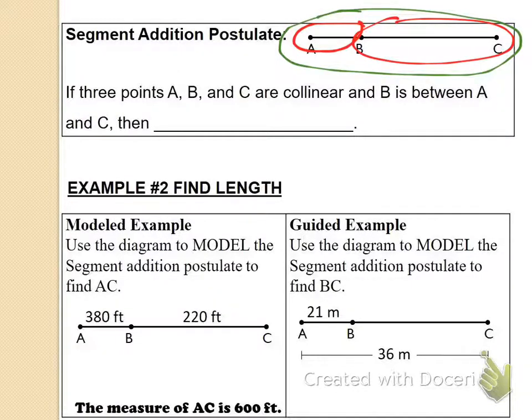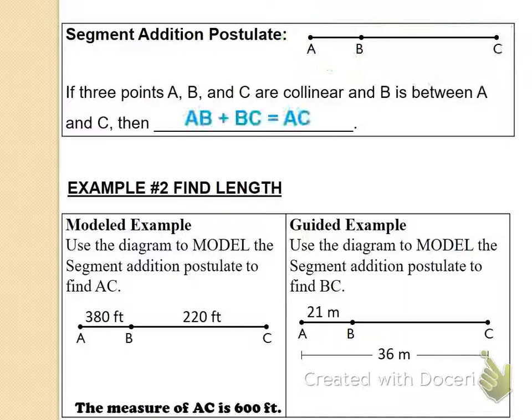Well, not only can we physically weld those two segments together to create a longer one, we can add their lengths together to create the length of AC as well. So what the segment addition postulate says is that if we take the length of AB plus the length of BC, we should get the length of AC, which I hope seems incredibly obvious, right?